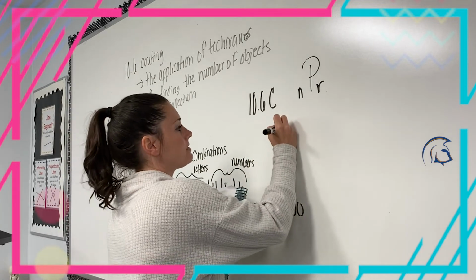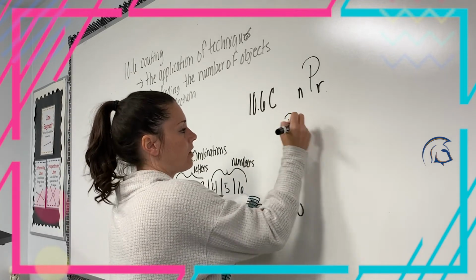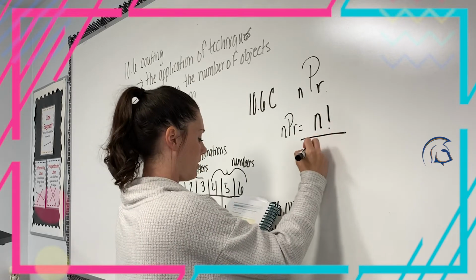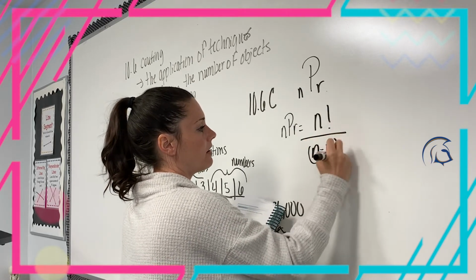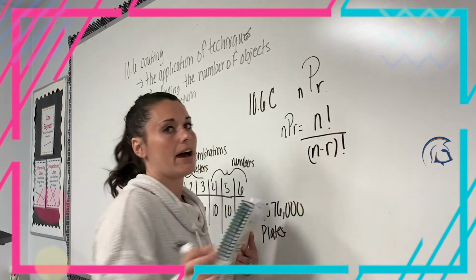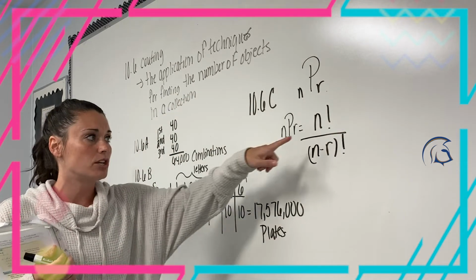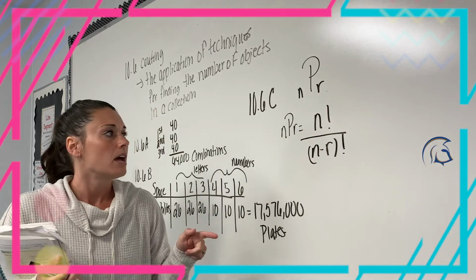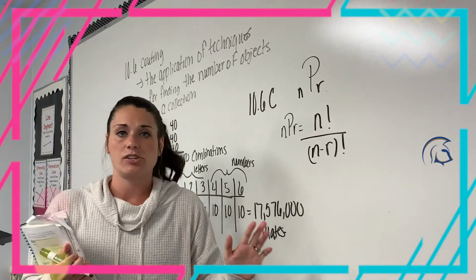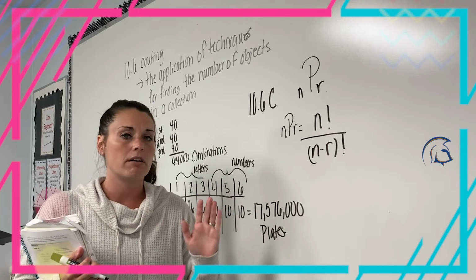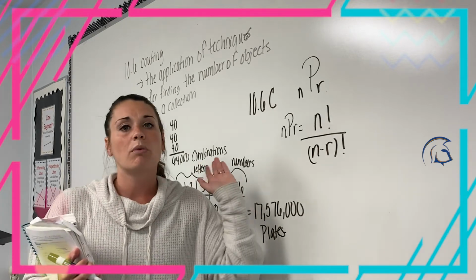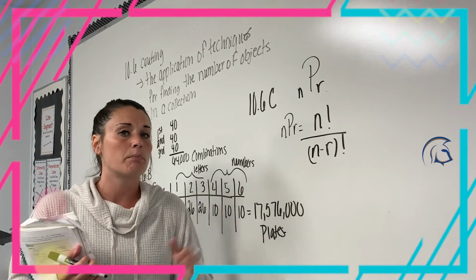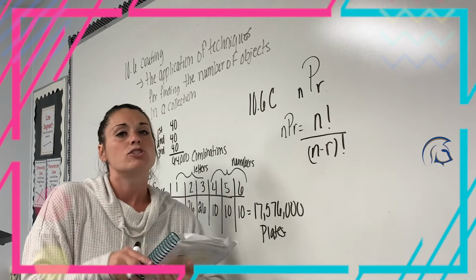And that is nPr equals n factorial over n minus r factorial. Now, I need to explain to you what this factorial means. This means that if you have any integer, it could be 5, it could be 12, it doesn't matter, you would multiply every positive integer after that number all the way down to 1.